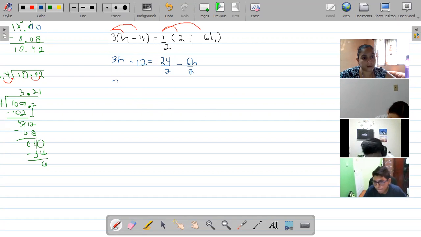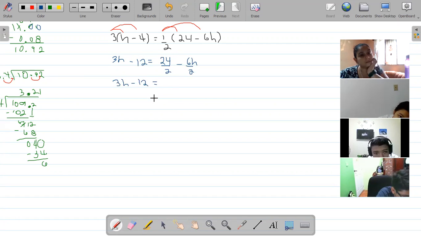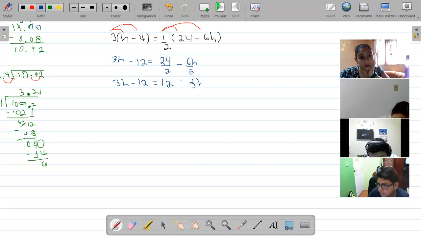So we're going to copy it again. 3h minus 12. How much is 24 divided by 2? 12. Minus, how much is 6 over 2? 3, 3h.